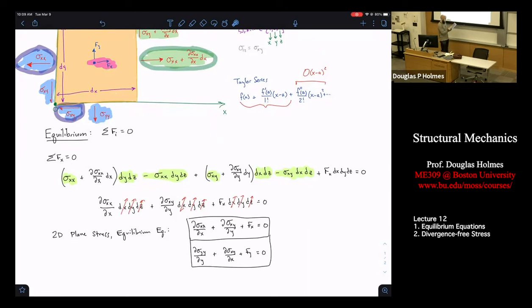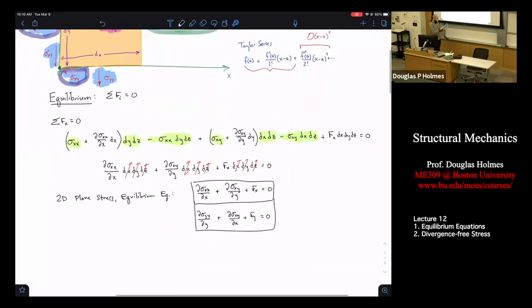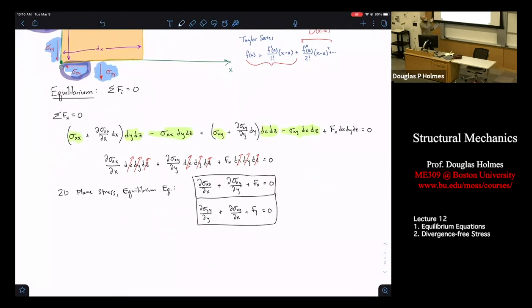In this case I'm going to have something like yz, which has a change in z. And in the last case, I'm going to have some term like a normal stress in the z direction relative to the change in the z direction. So you can guess what the form of these equations are going to look like. If you don't want to guess, you could do this whole force balance out on a cube and you'll get to the same result.